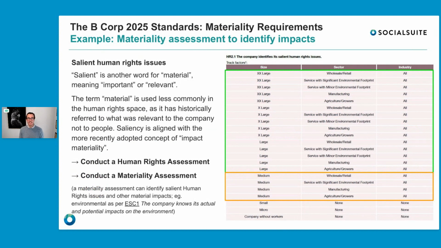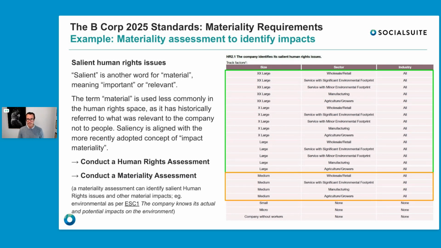What we see is that historically material was more linked to financial materiality, and in the human rights or social space, we see that saliency is often used. But what it really means is, what are material human rights issues for your business? Now, let's look at that table again.